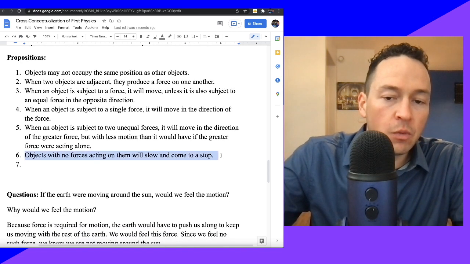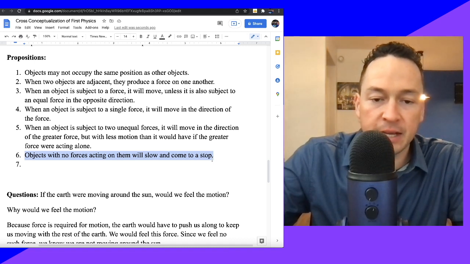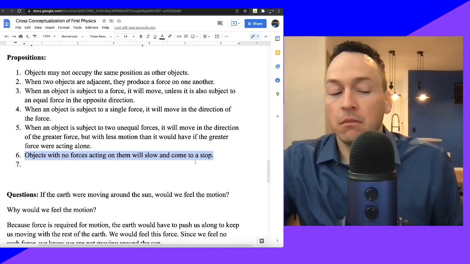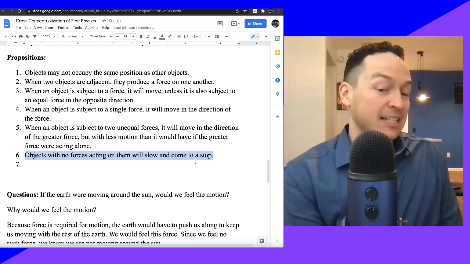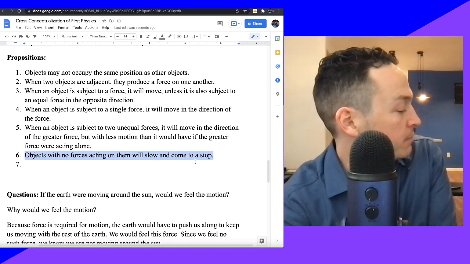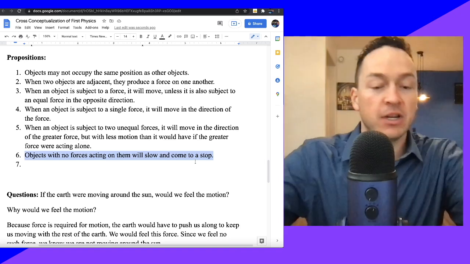So, when an object slides across a table and comes to a stop, there actually isn't no forces on it. There is a force on it. Well, that's interesting. Are there any cases where an object comes to a stop? So you can ask this question.